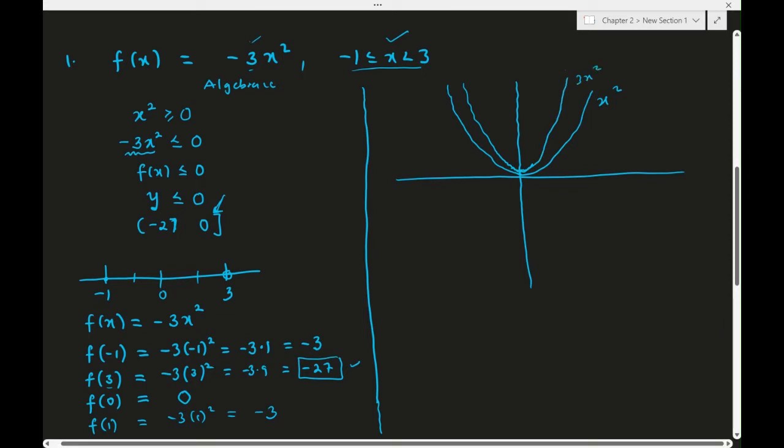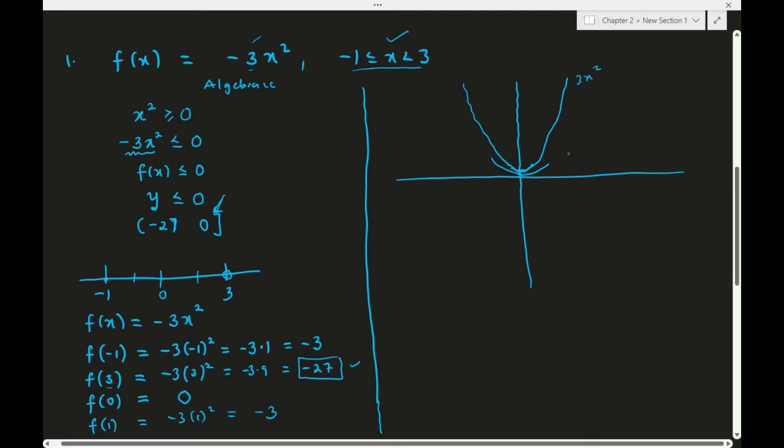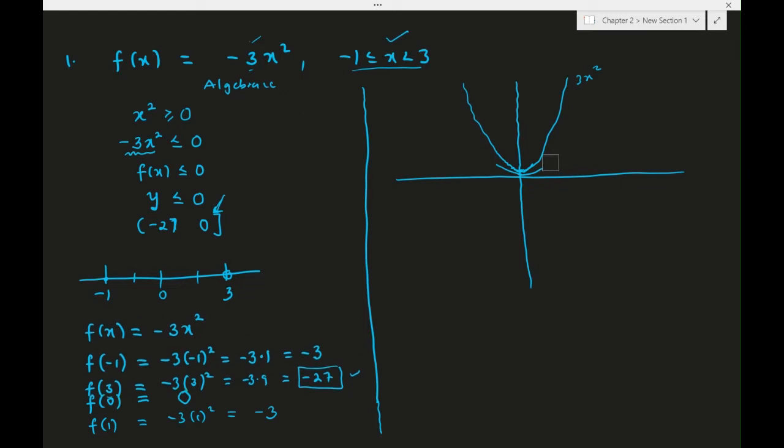So let's say this is your 3x squared. And now it's a stretch because you can see your constant multiplying it is positive. So you can see this as a vertical stretching or a horizontal shrinking.